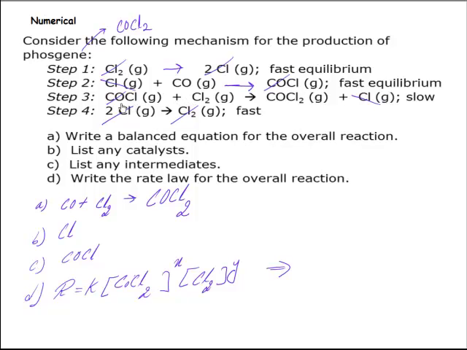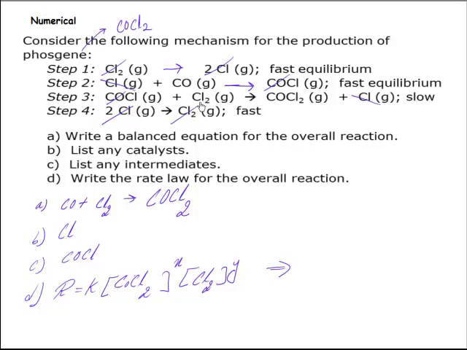Now if COCl was involved, then the rate of the reaction will depend on Cl as well as CO, and the rate of generation of Cl depends on this particular reaction, Cl2 giving you 2Cl. So in that case, the rate of the reaction is dependent on chlorine.